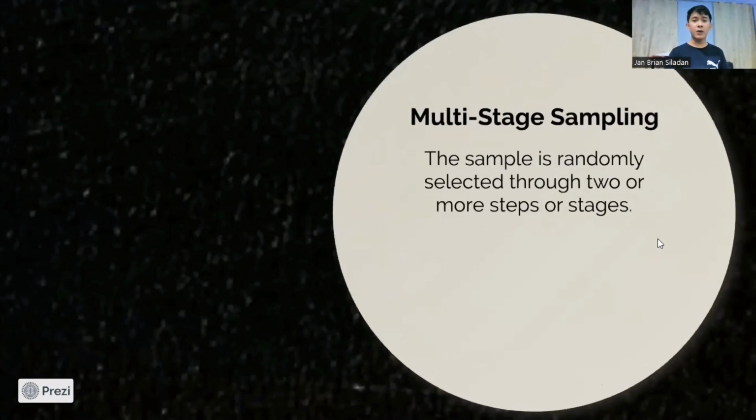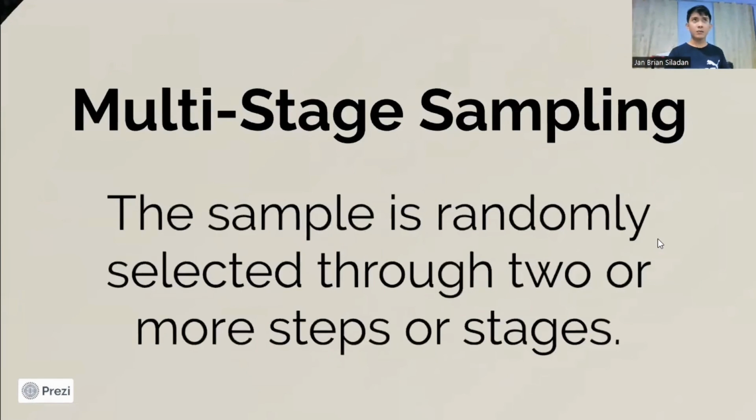Lastly, this is one of the not so used types of probability sampling. We have the multi-stage sampling. The sample is randomly selected through two or more steps or stages.